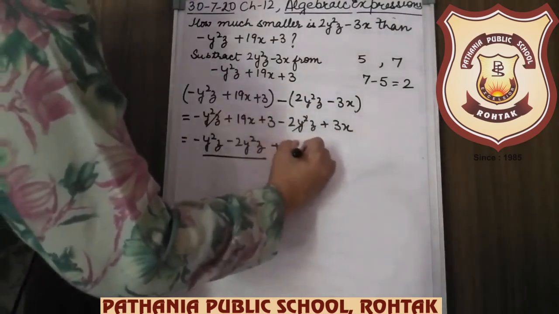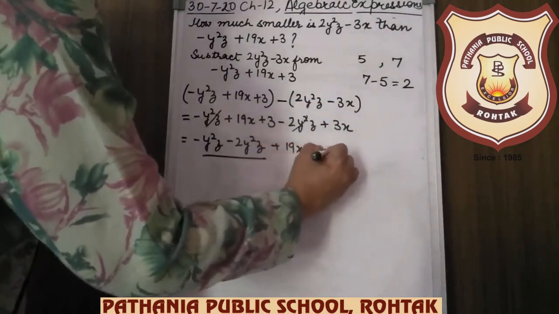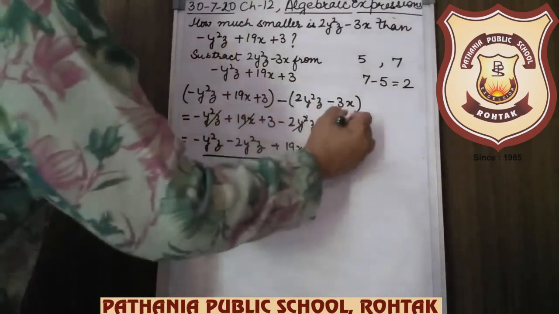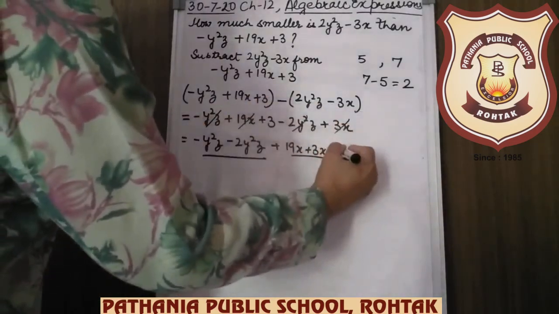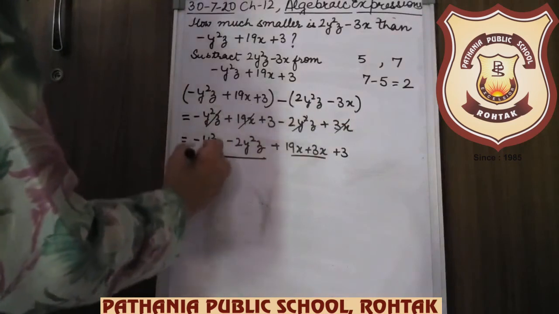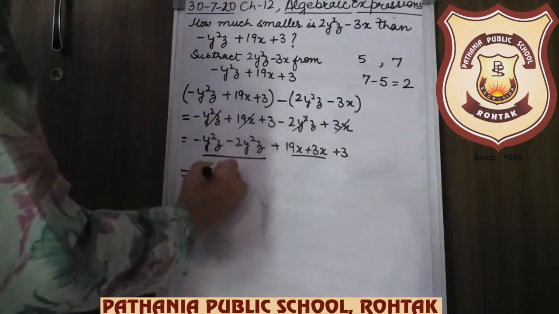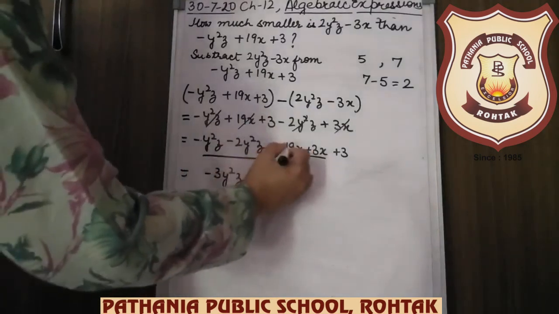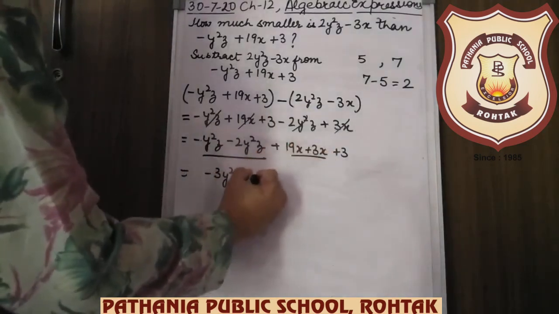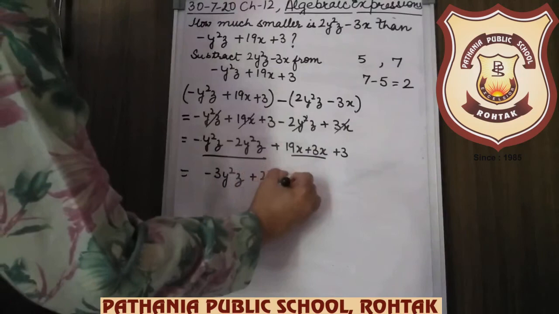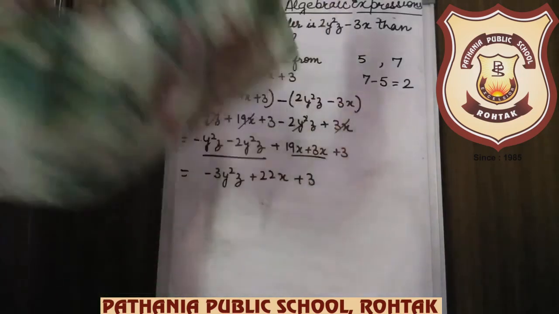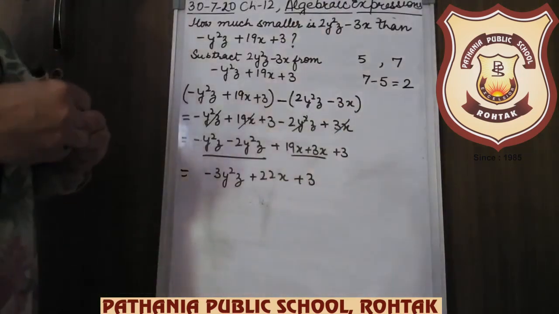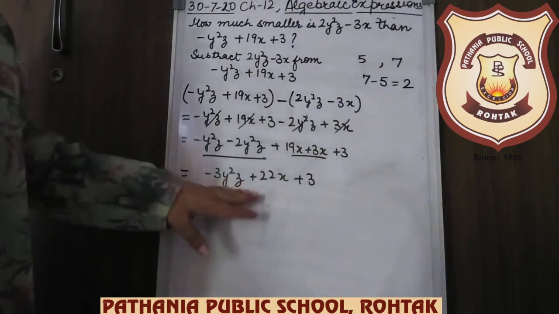Now 19x plus 3x, this is another set you have used. Now plus 3 is left over here. Now minus 1 and minus 2, minus 3y square z, and 19 plus 3, that is 22x plus 3. This is your answer.